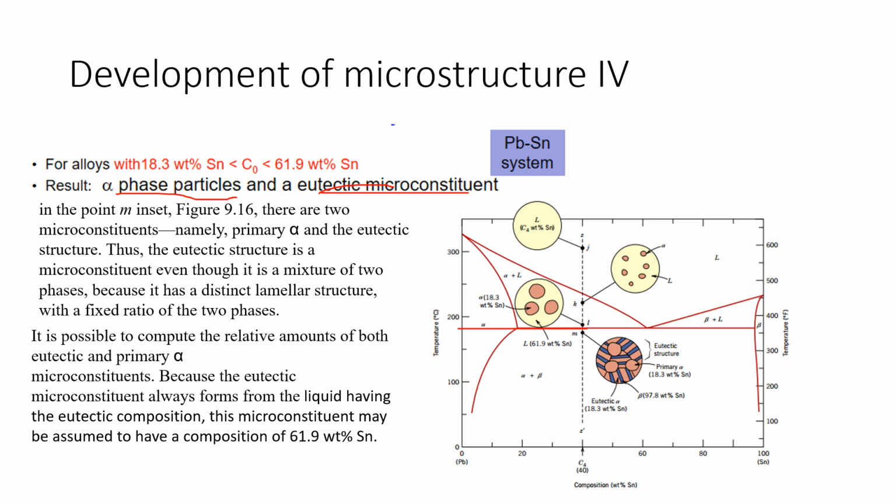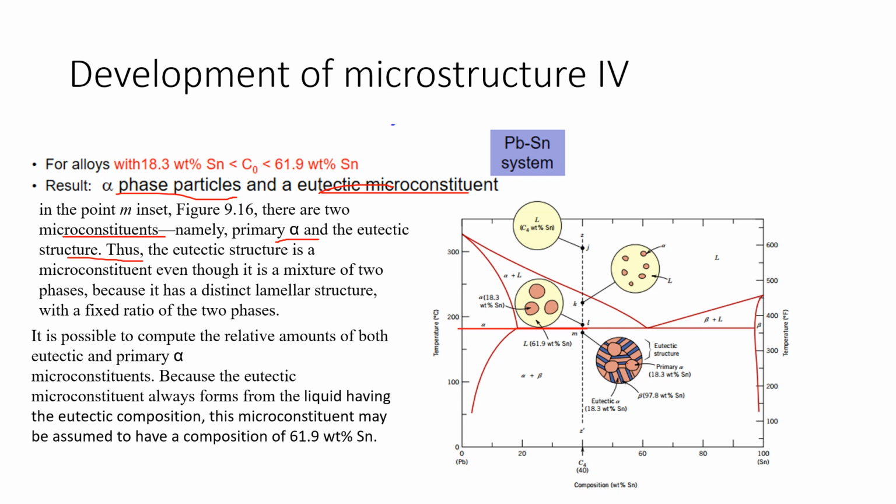At point M, just below the isotherm temperature, there are two microconstituents, namely primary alpha and the eutectic structure.